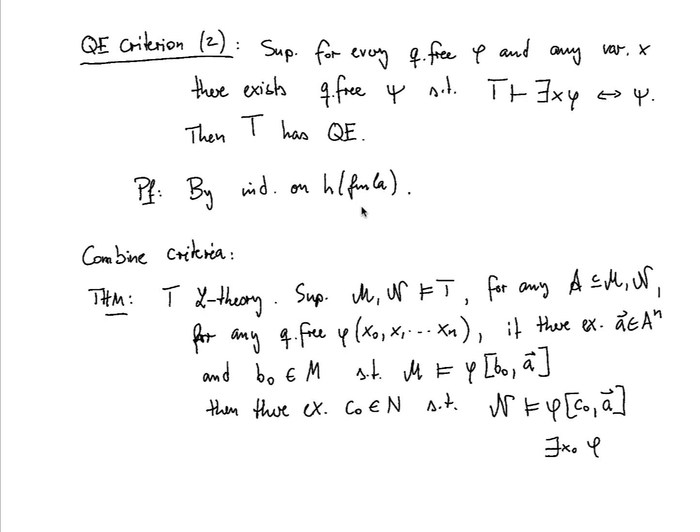So if this is true, right, then T admits quantifier elimination. So this is simply combining the two criteria.